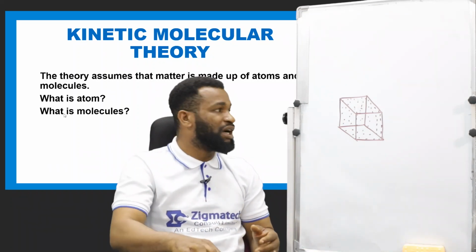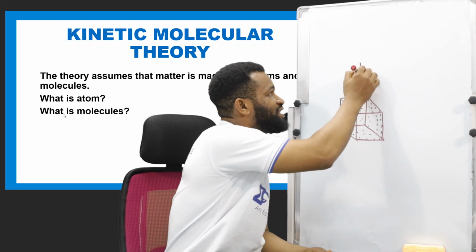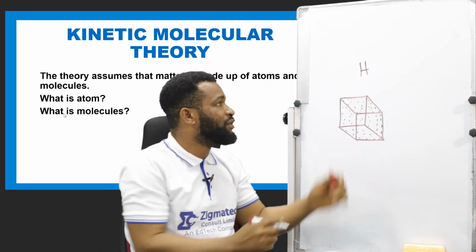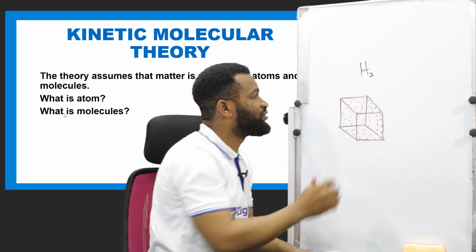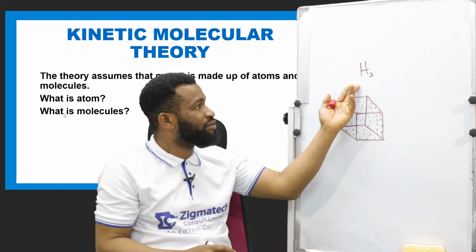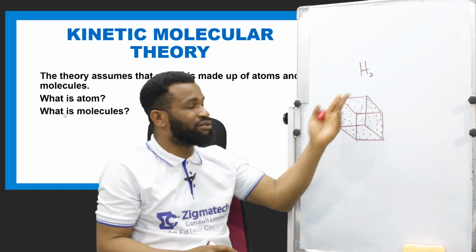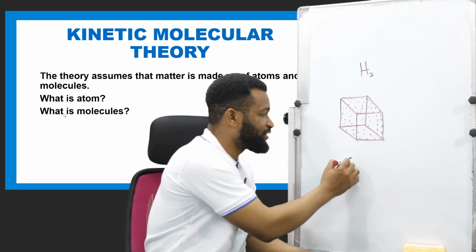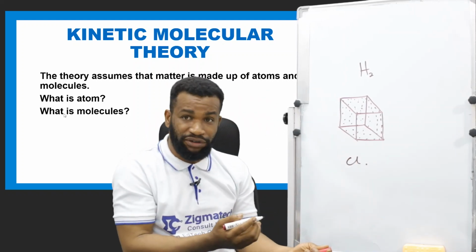For example, when we talk about an atom, we can say that this is an atom of hydrogen. This is a hydrogen atom, but when we have this, we say that this is a molecule, because this is a hydrogen molecule. So when they are one, we just call them an atom, like this, an atom of chlorine.